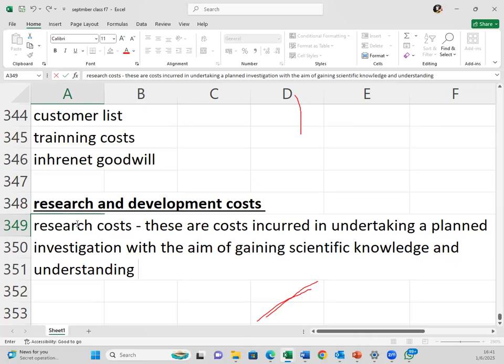So take note, costs incurred in undertaking a planned investigation. So we are investigating something. It's a planned investigation.